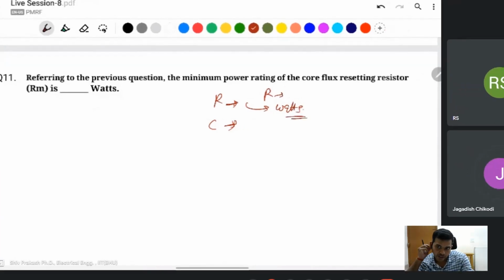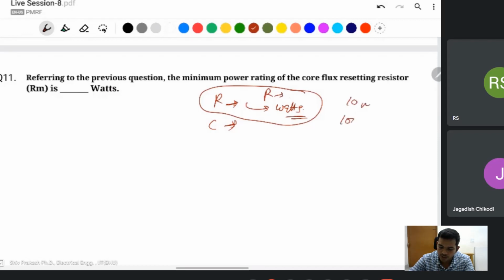When you purchase a resistor, you should know the resistance value. If you ask someone for a 10 ohm or 100 ohm resistor, they will ask what the wattage value is.